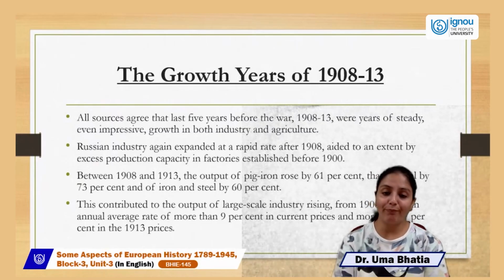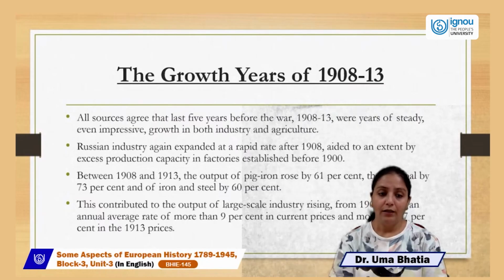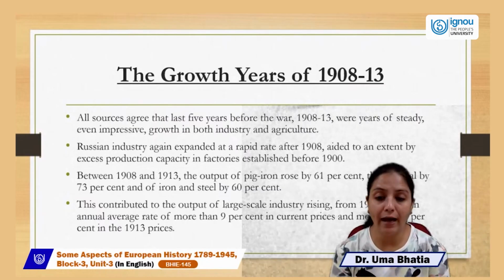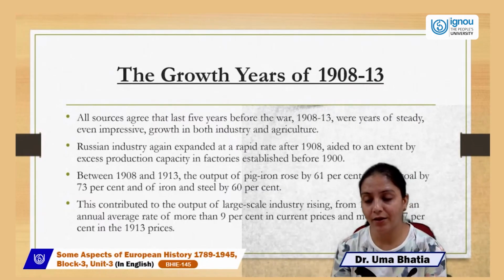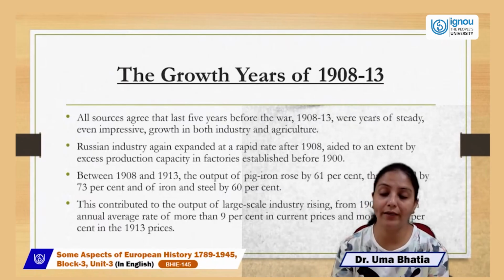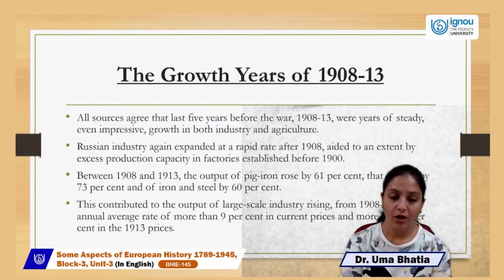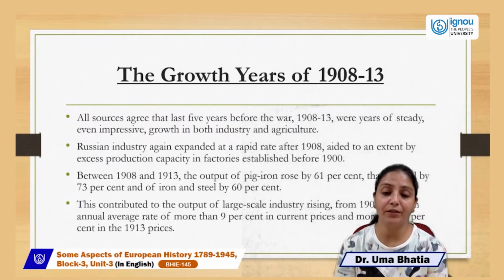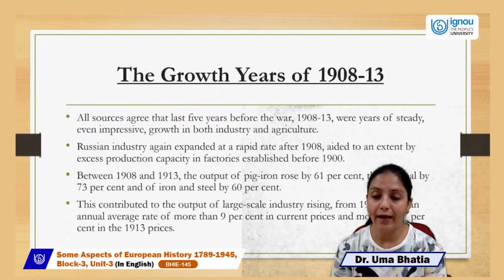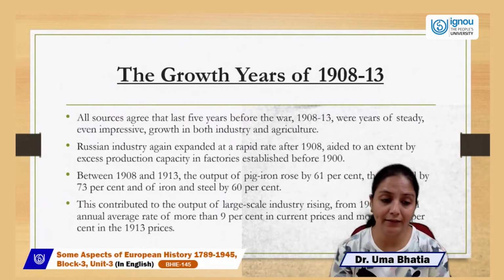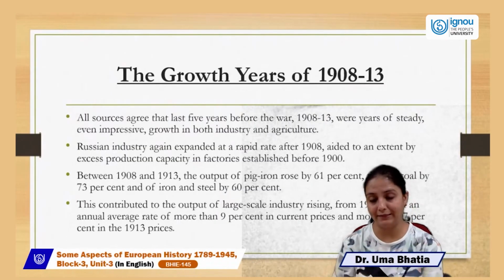The output of pig iron rose. The output of large-scale industry rose from 1908 to 1913 at an annual average rate of more than 9% at current prices and more than 7% at 1913 prices.